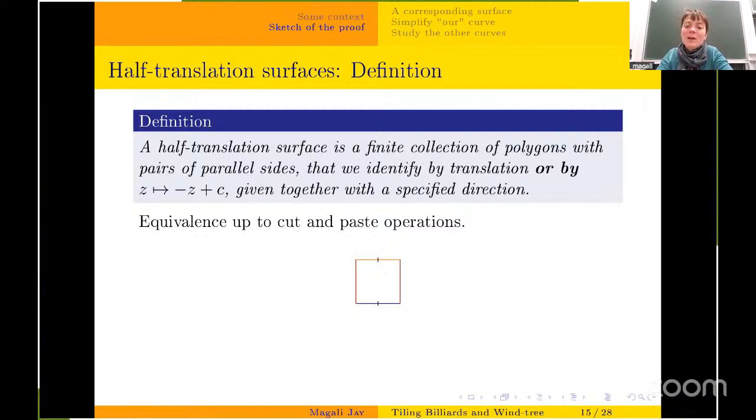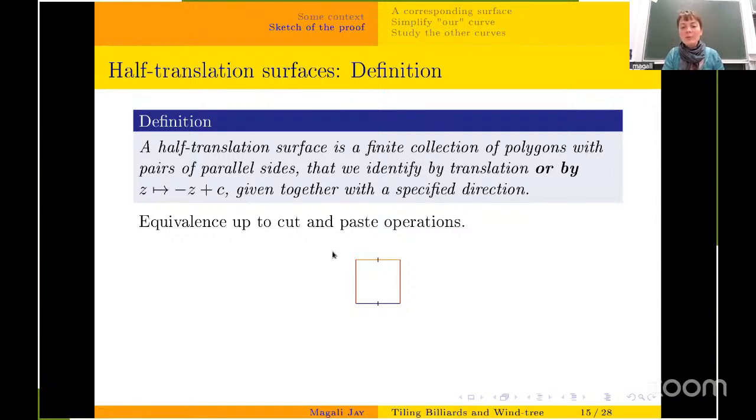And here we allow a new way of identification. That is, we can also use a rotation like that, a half rotation.